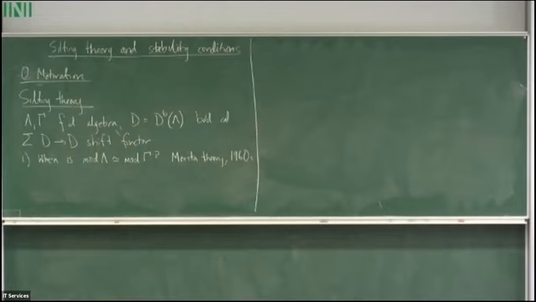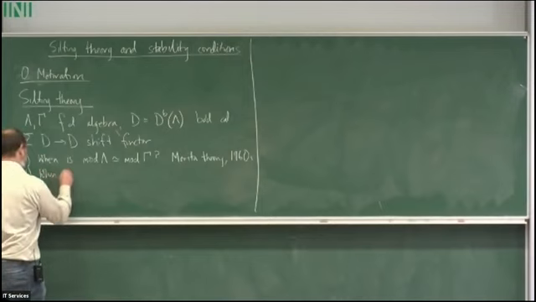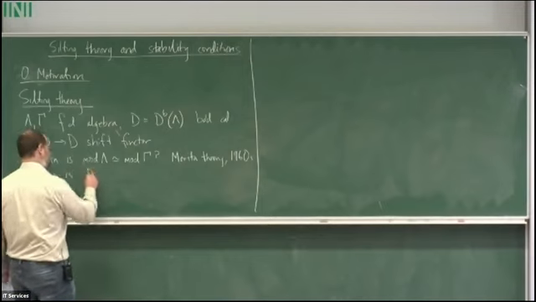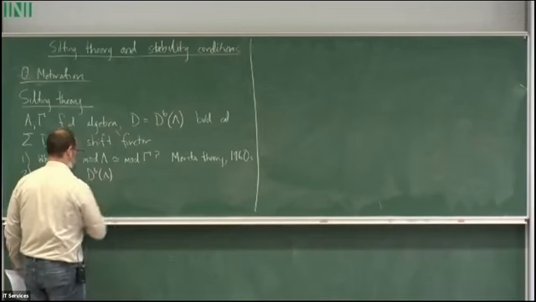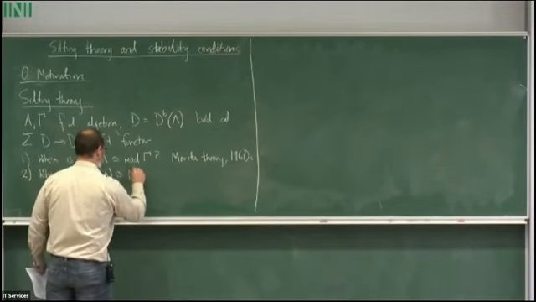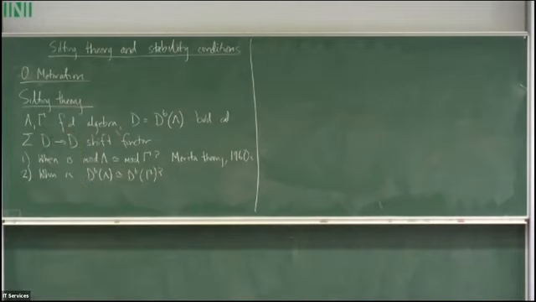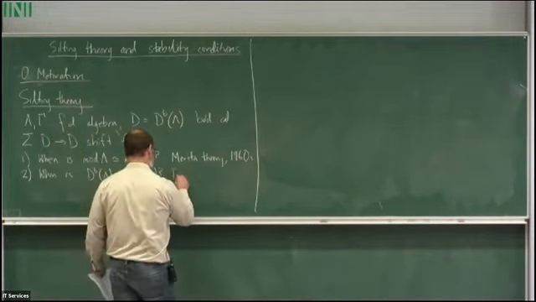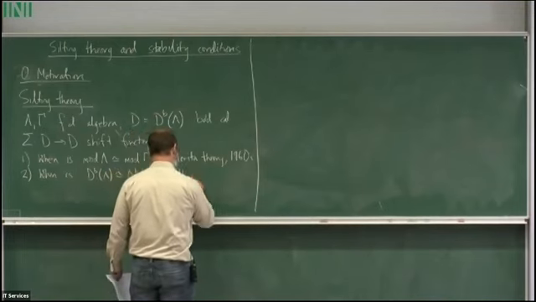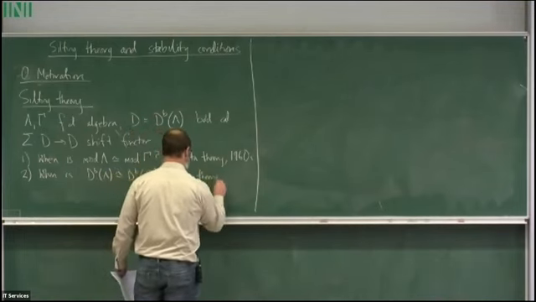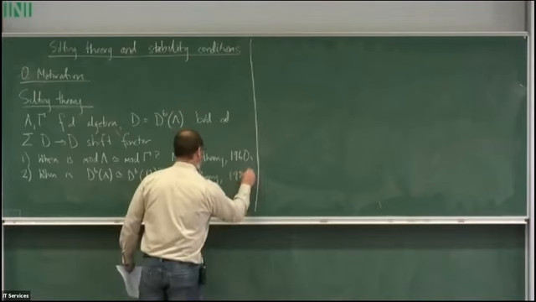The second question is: when is the derived category of Λ equivalent to the derived category of Γ? Answering this question could be called tilting theory, which goes back to the 1980s.